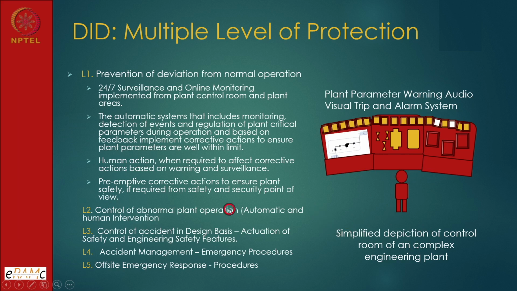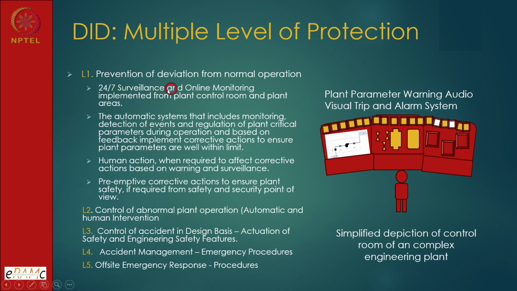So automatic system actuations are there, and then human action in some cases when there is a deviation, and preemptive corrective action, so that we are able to bring the plant under normal or safe conditions.